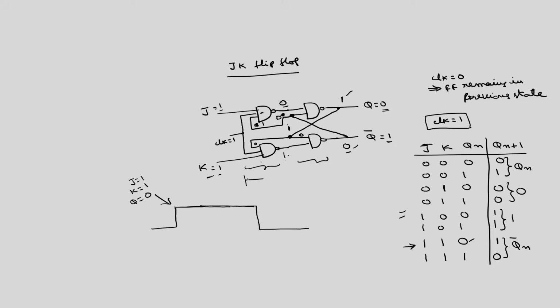If I call this total propagation delay some Tp, and the on time of the clock is T on, normally this Tp is much less than T on. So, Tp will be somewhere here.